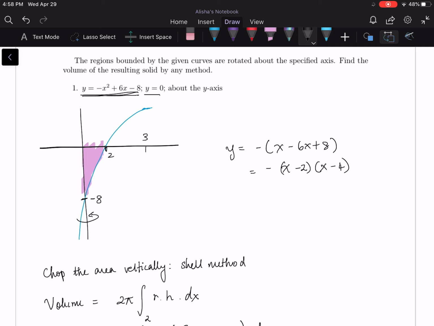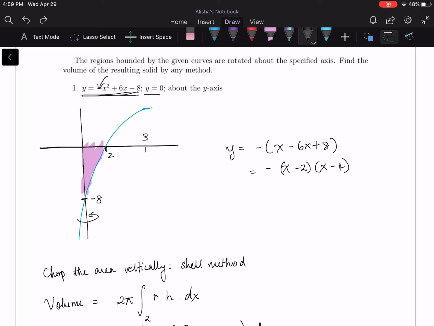I know it's a quadratic, and because of this negative sign, I know it must face downwards. So it's a downward facing parabola, and all that's left for me to figure out is its intercepts, and then I know the approximate shape of it.